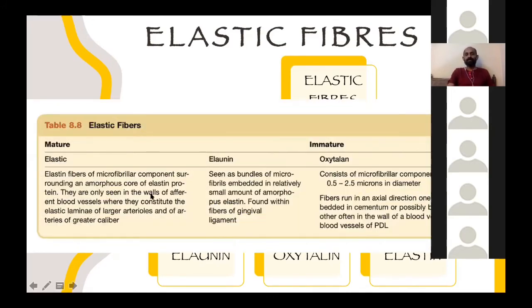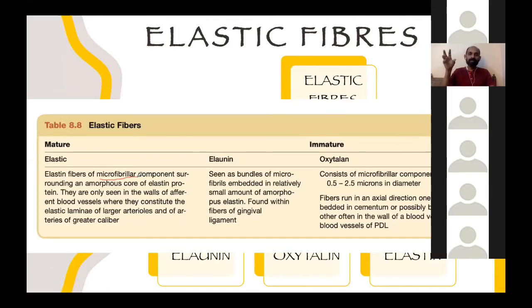Okay, so now this table gives you the difference between the three different types: the elastic fiber, the elaunin fiber, and the oxytalan fibers. What you understand here is all these three comprise only the microfibrillar component. If you remember how collagen forms, it starts as a microfibril, then fibril, then collagen, then it forms a bundle.